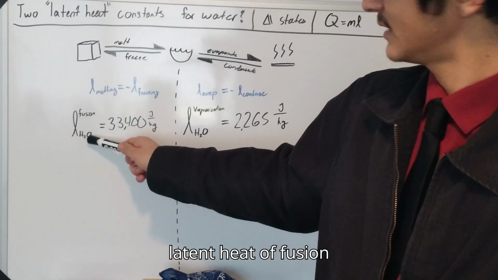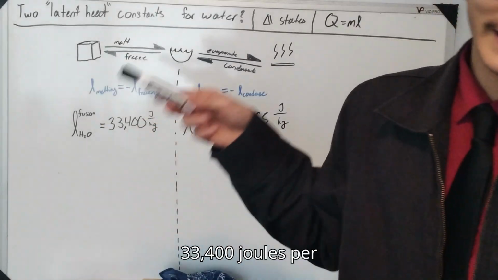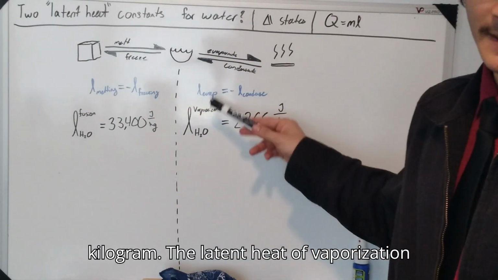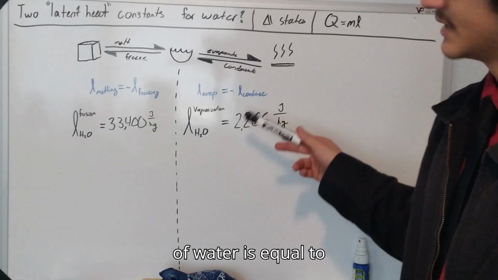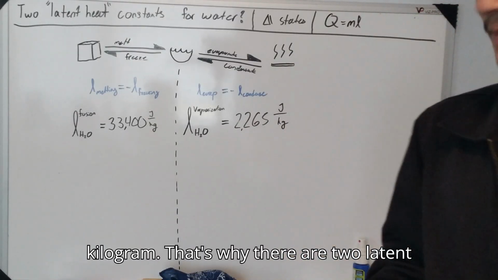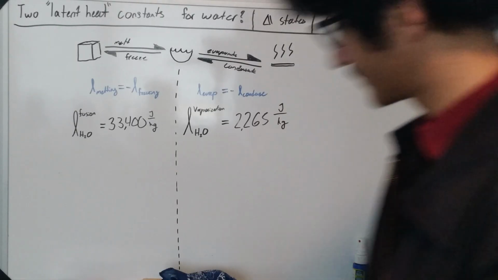The latent heat of fusion of water is equal to 33,400 joules per kilogram. The latent heat of vaporization of water is equal to 2,265 joules per kilogram. That's why there are two latent heat constants for water.